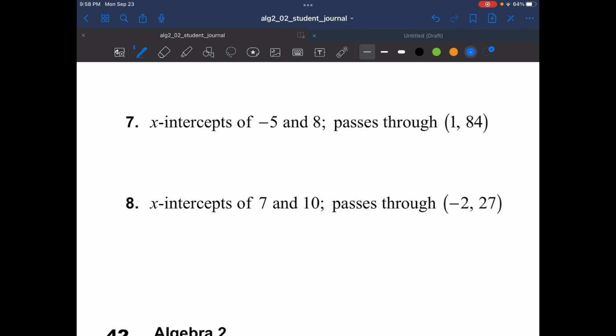This one gives me the x-intercepts, and it also goes ahead and gives me the point that it passes through. So I'm just going to fill these expressions in with all the points now. So we start with an 84 because we have y equals a(x - p)(x - q). So I'm going to have 84 equals a, my x is 1, my p is negative 5, my x is 1, my q is 8.